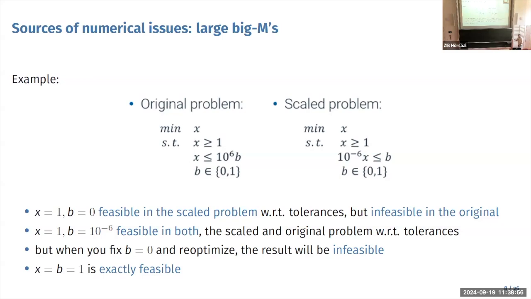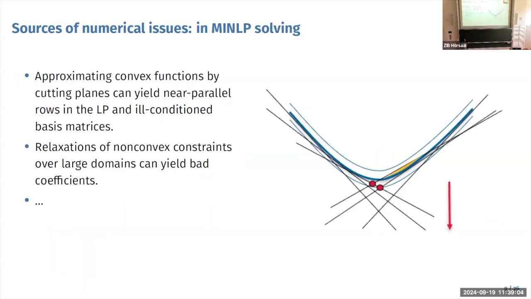Okay, because we've had nonlinear today, I have another slide on what can be the source of numerical troubles. Xenia told you that in MINLP solving, you may use lots of cutting planes or outer approximation cuts or linear inequalities in order to approximate such a nonlinear constraint function.